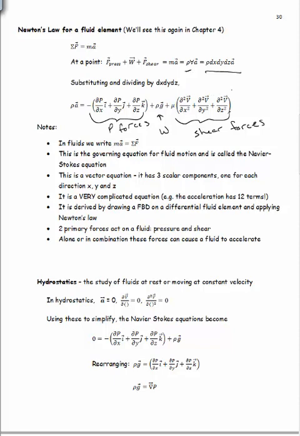Remember we had 3 components to our velocity vector: u times i plus v times j plus w times k. So you could put in a u for all your v's and get an x component, and the same with v and the same with w. So you actually get 3 equations out of this, and the same with acceleration.